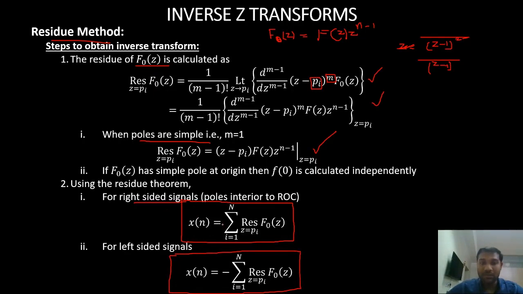X of n is equal to the summation i equals 1 to n of the residues of F naught of Z, that we'll calculate using these formulas, at Z equals Pi, which are the poles. If we have n poles, we'll have to find n residues.